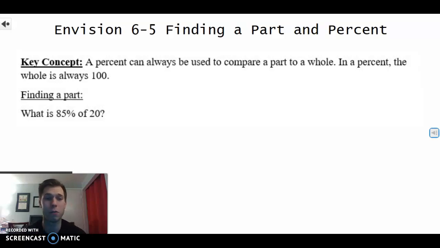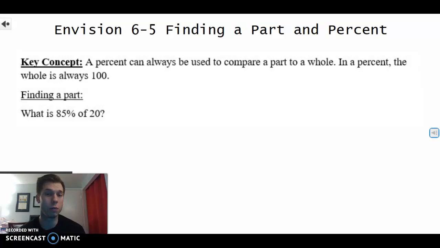Today with 6.5, we're going to look at finding the part or percent in an equation. And then 6.6, you're going to be dealing with finding the whole. Okay. So we're taking it up a level here.